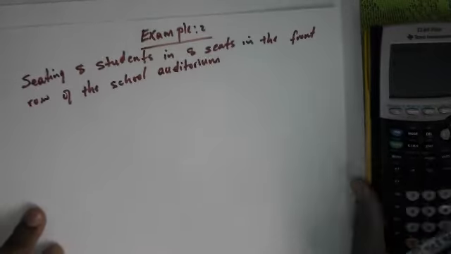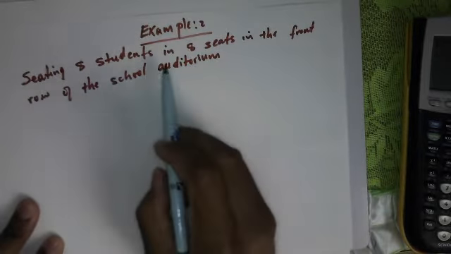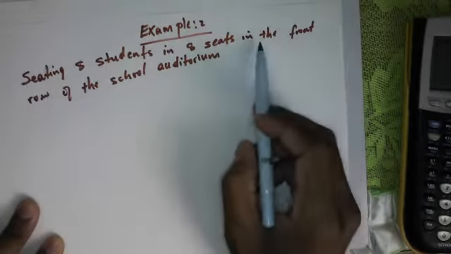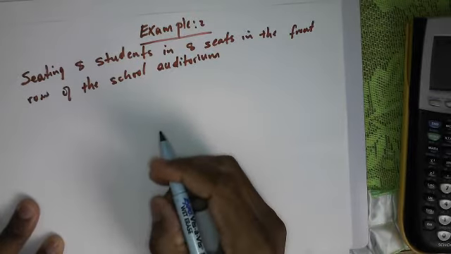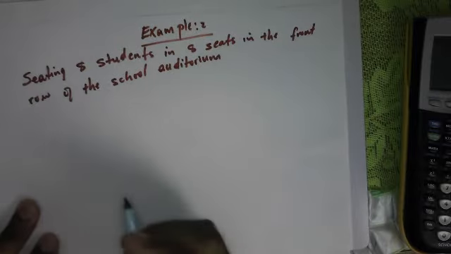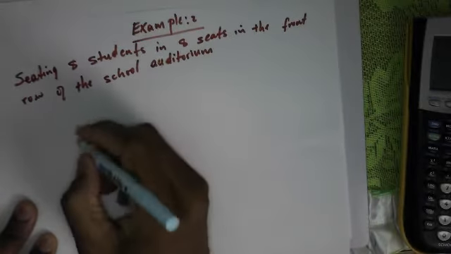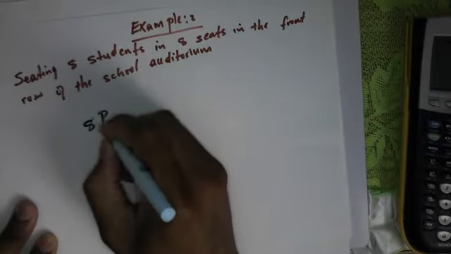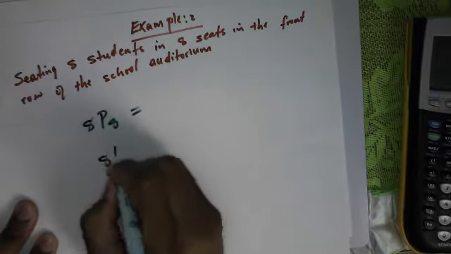Example 2 says: seating 8 students in 8 seats in the front row of a school's auditorium. Clearly, if you're seating them in the front row, that would be in a straight line. Again, it is a permutation. So this would be 8P8, or 8 factorial.